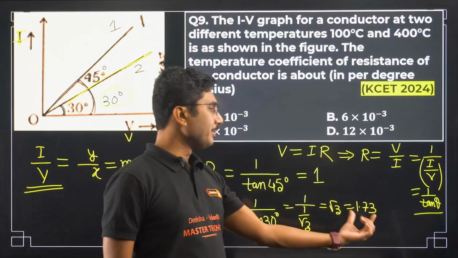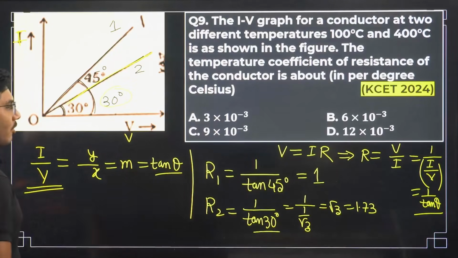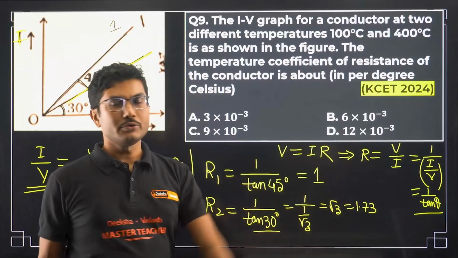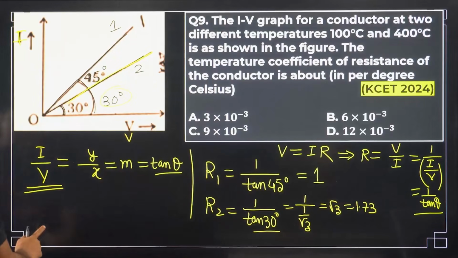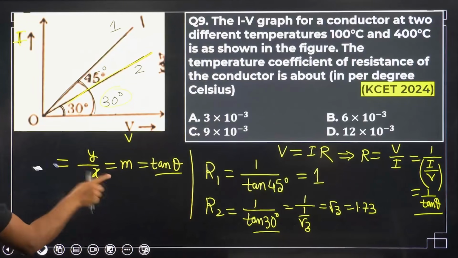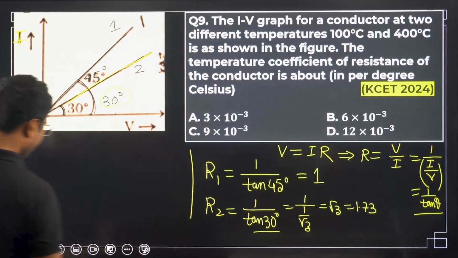So obviously R1 corresponds to 100 degrees and R2 corresponds to 400 degrees. Now this is not the end. You don't only need to identify, you have to find the temperature coefficient. So how to find the temperature coefficient?